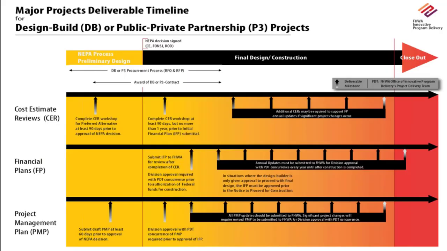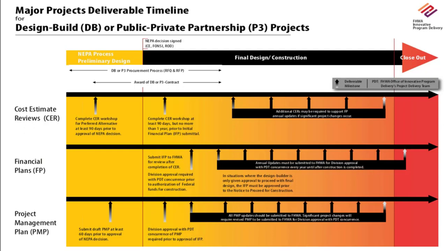Here's the FHWA timetable. This was for design, build, and P3s, and there's a similar one for design, bid, build projects. As you can see here, we have the cost estimate review activities, which I talked about earlier. There's a cost estimate review that's required within 90 days of NEPA approval, and also a cost estimate review that's required between 90 days and 1 year before the submittal of the initial finance plan, which will go to authorize the project.